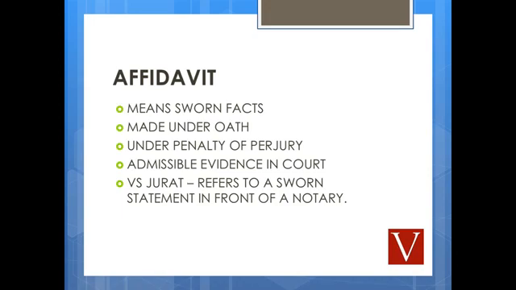Now, usually an affidavit is very similar to what we would call a declaration, and that's where you're telling the court that you have personal knowledge of certain facts, and that if called to testify, you could and would testify as follows. And then you put down the facts that you're willing to testify to. So that's an affidavit. Because it's under oath, it can be deemed admissible evidence in court, and people use it with their motions and things like that.